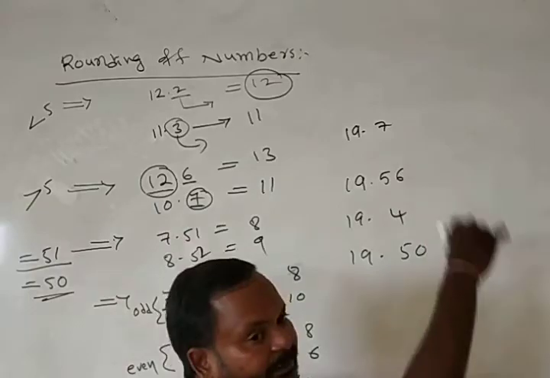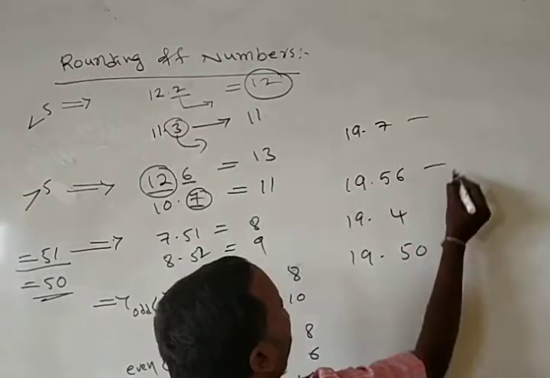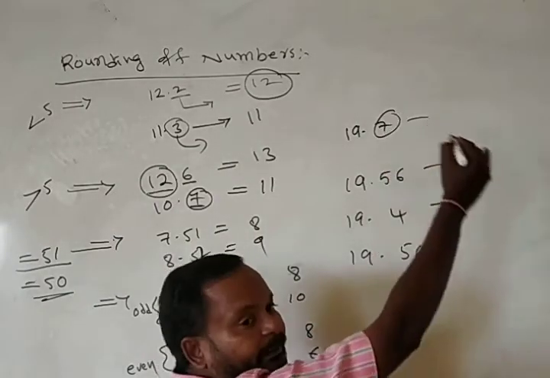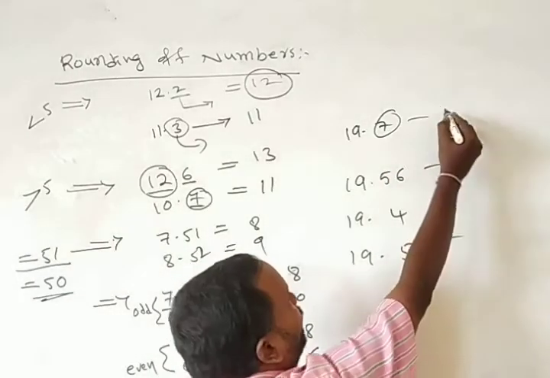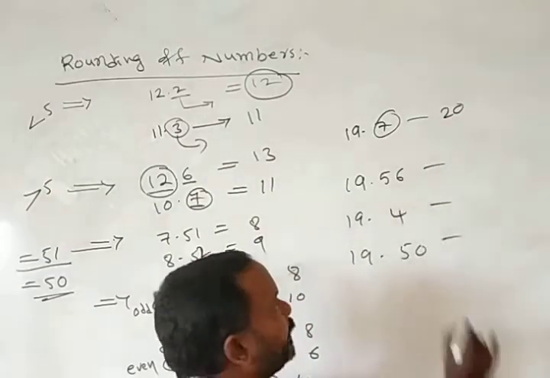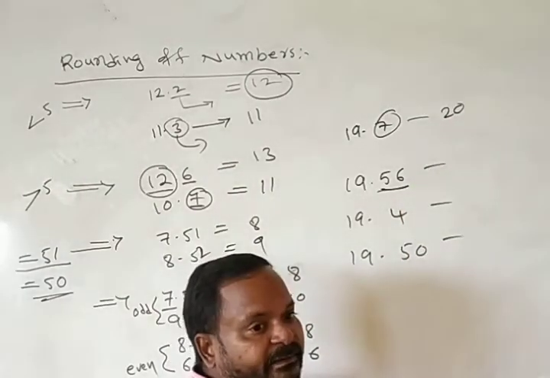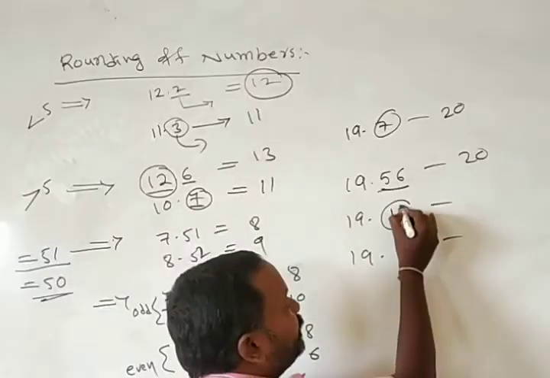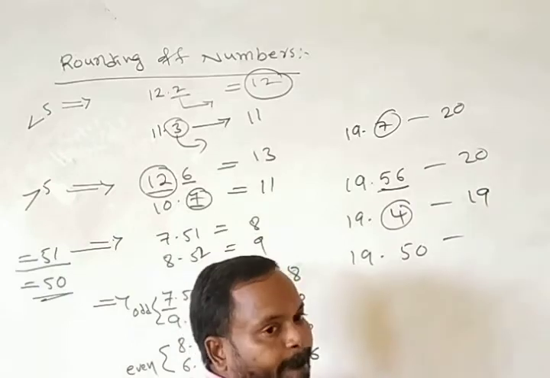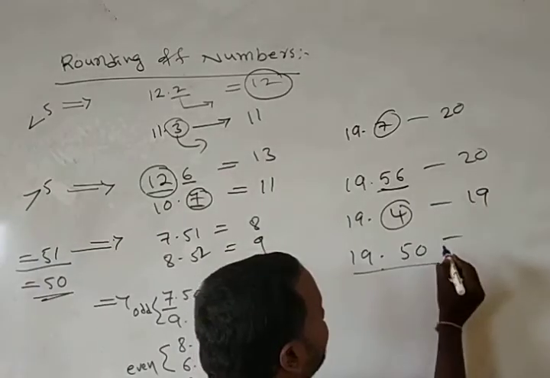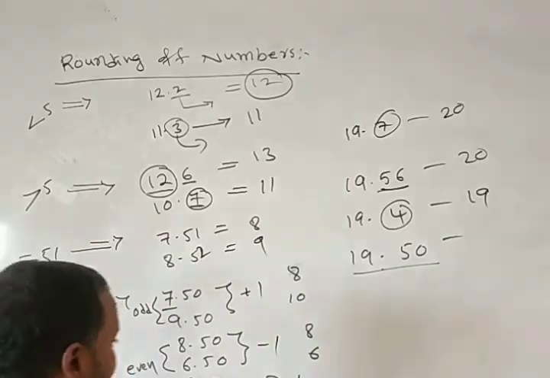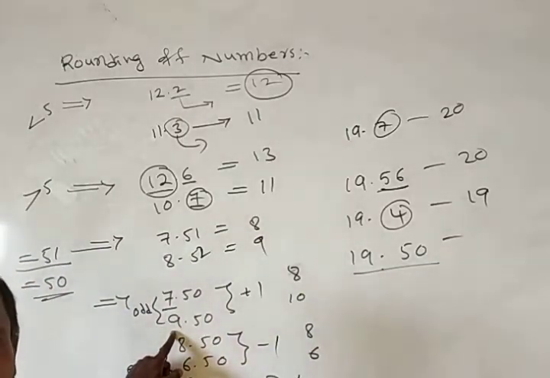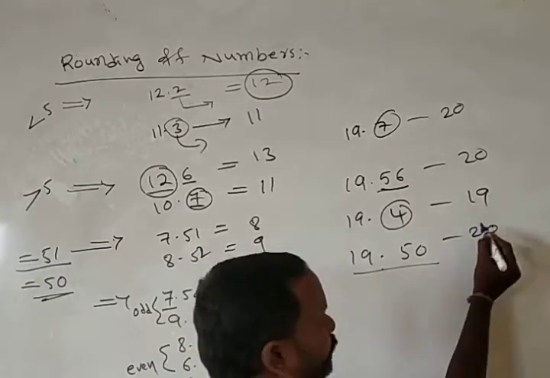These are different. What is the value of each? 19.7: the drop number is greater than 5, so add 1, giving 20. 19.56: the drop number is greater than 50, so 20. 19.4: the drop number is less than 5, so write 19. 19.50: the drop number is exactly 50 and 19 is an odd number, so the value is 20.